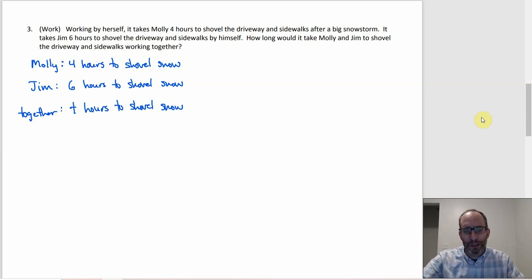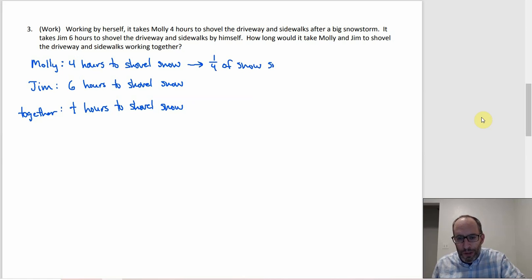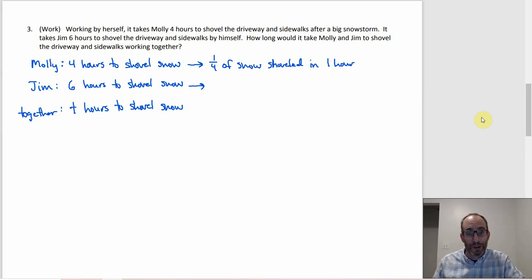So if it takes Molly 4 hours to shovel all the snow, then she could shovel 1/4 of the snow in 1 hour, right? That would be another way of saying the same thing here. So 1/4 of snow shoveled in 1 hour. And then with the same sort of logic, if it takes Jim 6 hours to shovel all the snow, in 1 hour he would shovel 1/6 of it.